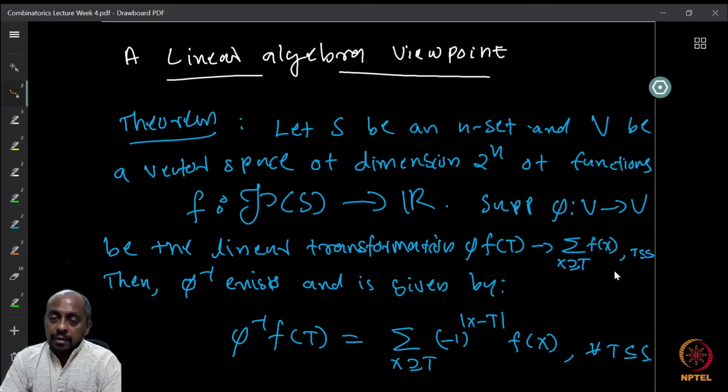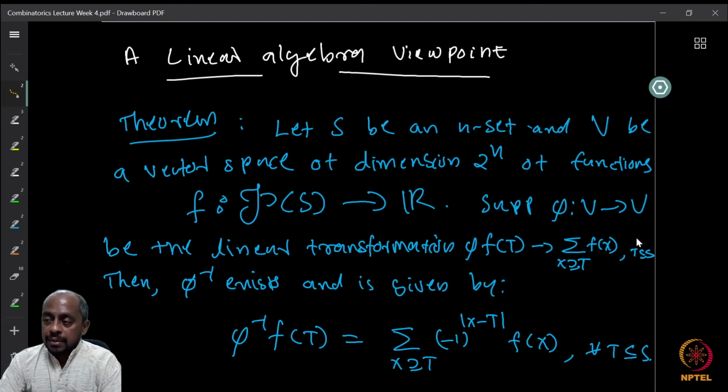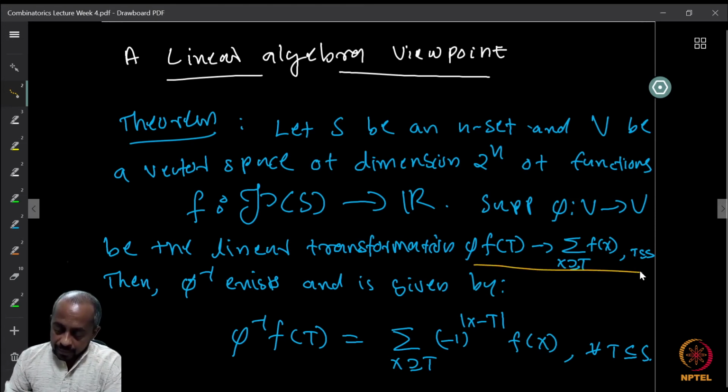So this is the way the linear transformation works for any given T subset of S. Because the domain of f is the subsets of S, T being a subset of S means that the function is defined for that, and therefore this is a well-defined linear transformation.